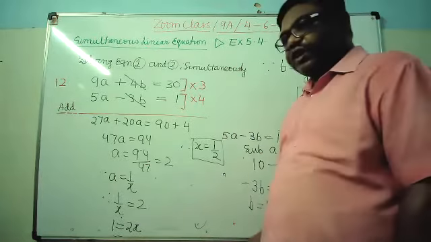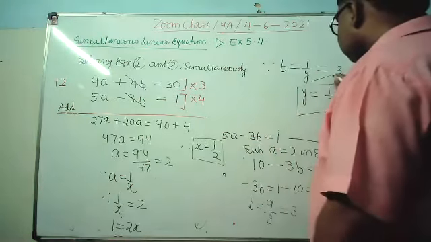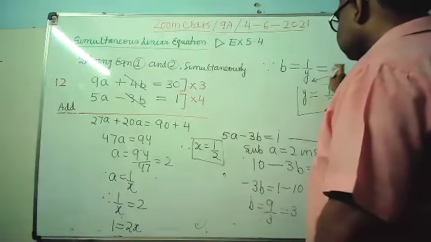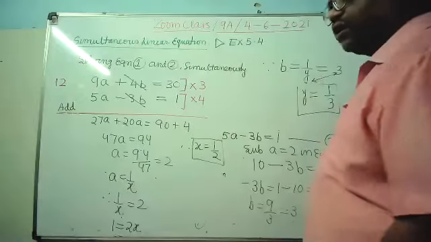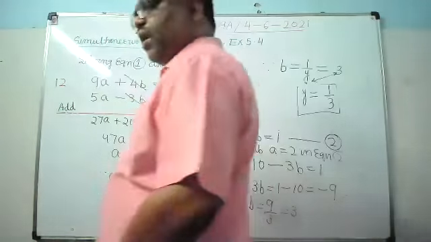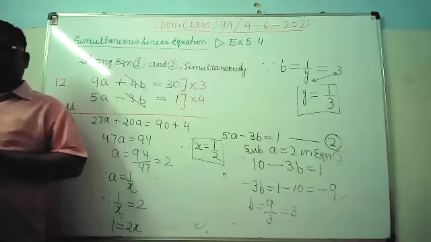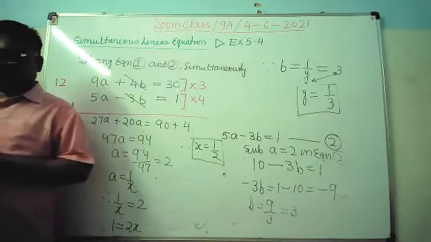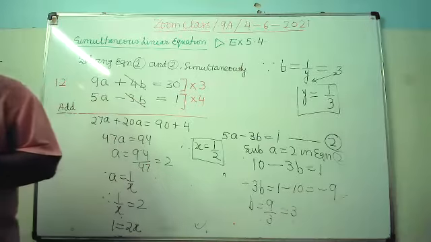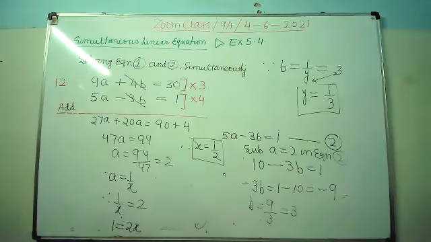How do I find y equals 1 upon 3? Interchange these two: bring 3 here and y there. So y equals 1 upon 3. Have you understood? Yes, sir. Now see here, you take one more question.